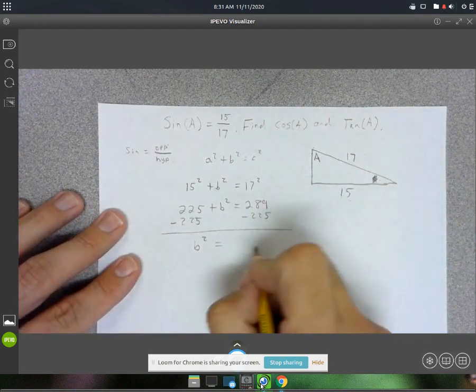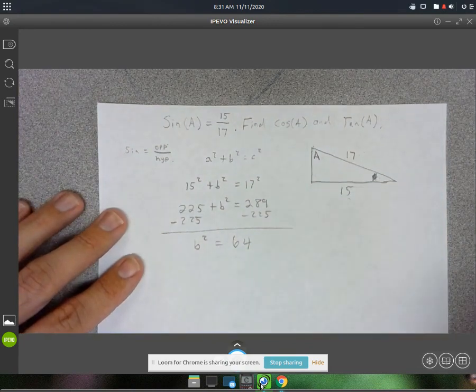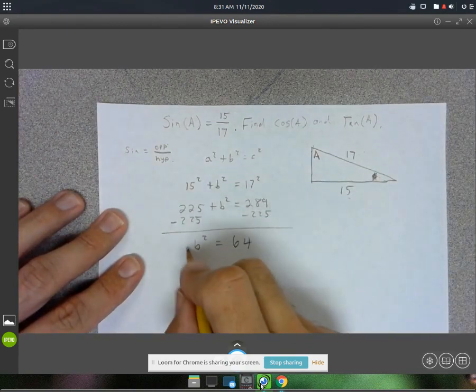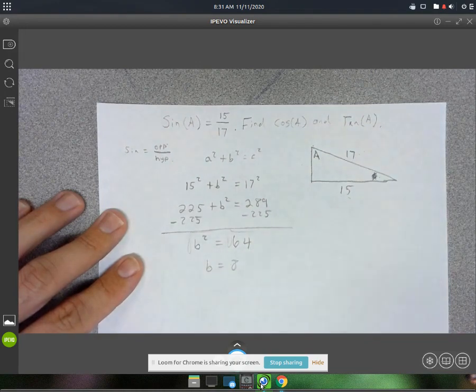Subtract that, you'll get 64. Square root both sides, and you're going to get b is equal to 8. So this side would equal 8 now.